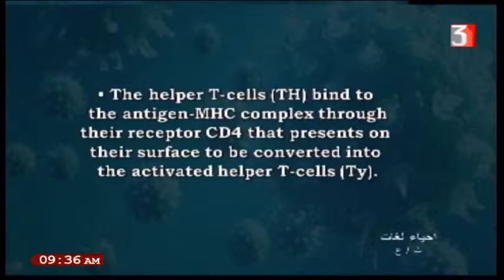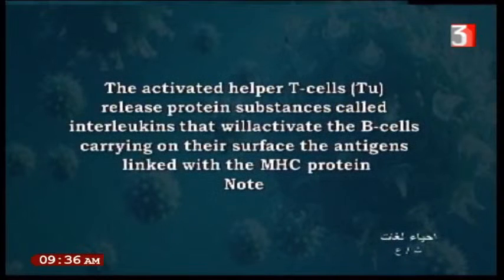So the helper T cell, or TH, after binding to MHC through the CD4 receptor, changes into TH, named the activated helper cell.